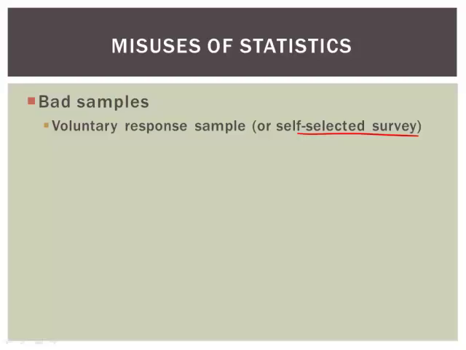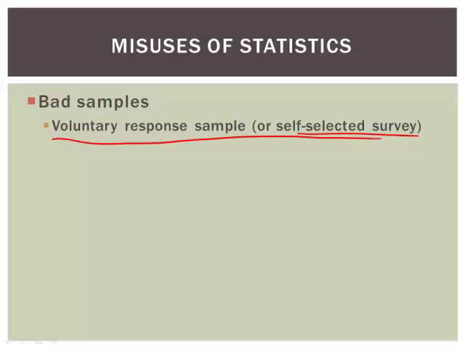No conclusions can be drawn from them. Any conclusions drawn are almost always wrong. They're often biased toward those with strong opinions or those who are strongly motivated to participate. Since the sample is not representative, the resulting voluntary response bias invalidates the survey.